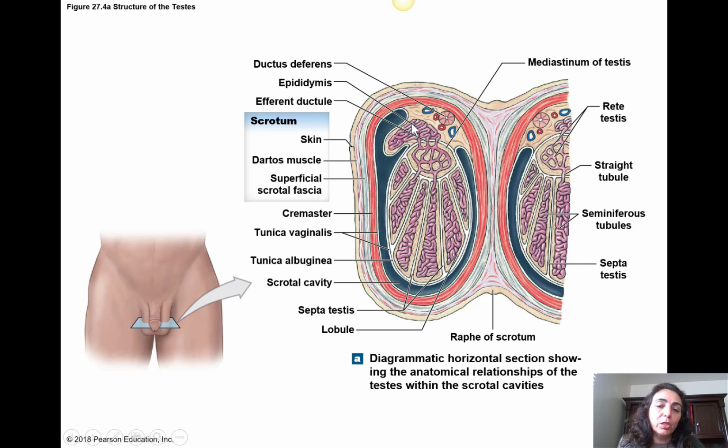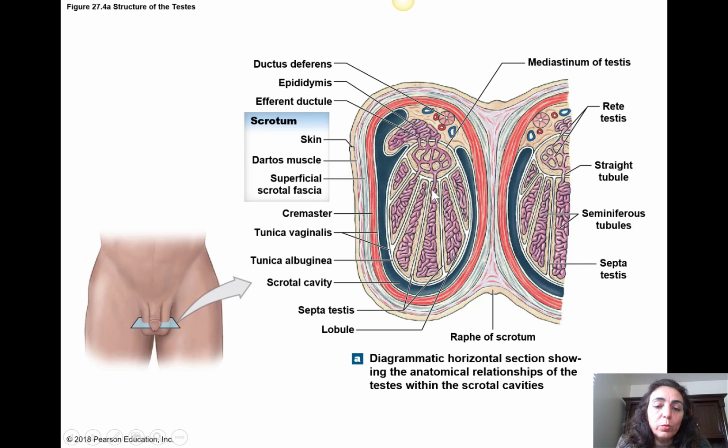So this area is called the mediastinum of the testis here, right? So these are the structures of the scrotum, all in the layers that you need to know in order, and these tunica albuginea and all these compartments that it makes, and the seminiferous tubes.